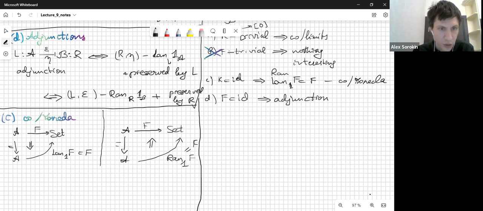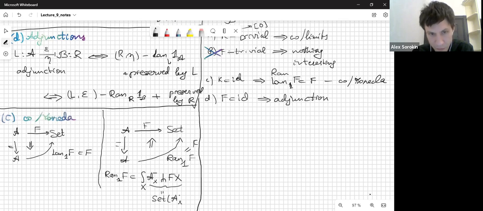Okay, so where is Yoneda, where is co-Yoneda? So Ran of 1 along F can be described using end, as in end over X, A blank cotensor F of X. But in case of sets, this cotensor is given by such a formula, and an end of a set of such type is precisely the set of all natural transformations.